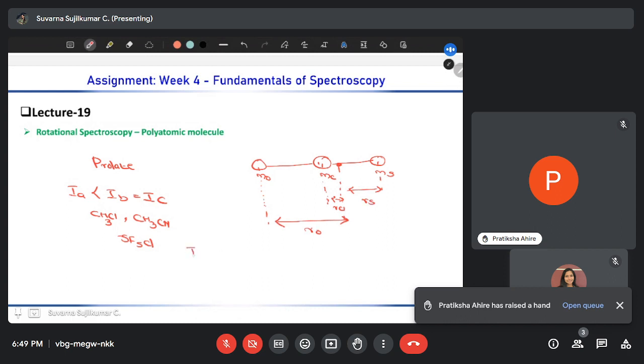So the mathematical expression for the moment of inertia of the system is given by MO times R CO, which we can represent as RO minus RC, squared, plus MS, mass of sulfur, times RSC squared, minus MO RCO plus MC RCS the whole square, divided by M. Okay.